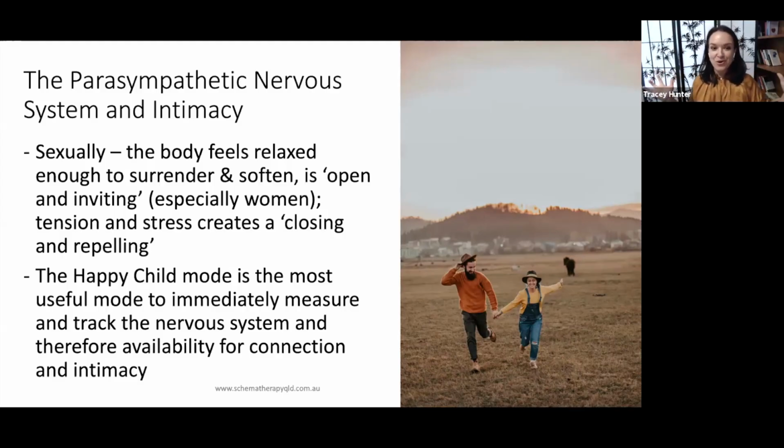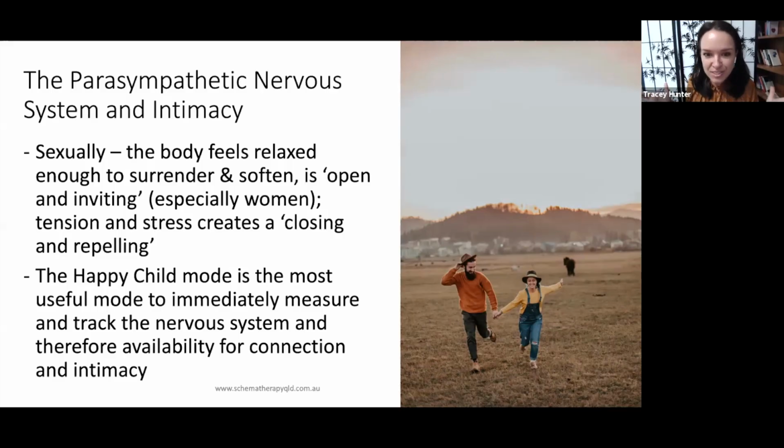So therefore, the happy child mode, I believe, is the most useful mode to immediately measure and track the nervous system, how we're doing, and therefore our availability for connection and intimacy. I can quickly determine how available I am for intimacy and connection by tuning into how integrated my happy child mode is in my life right now.